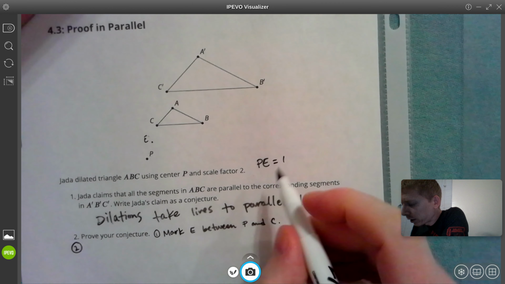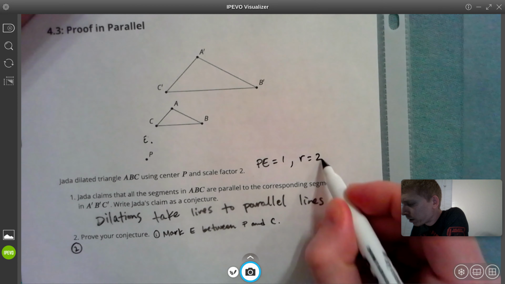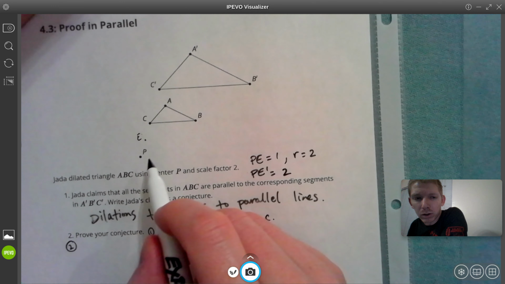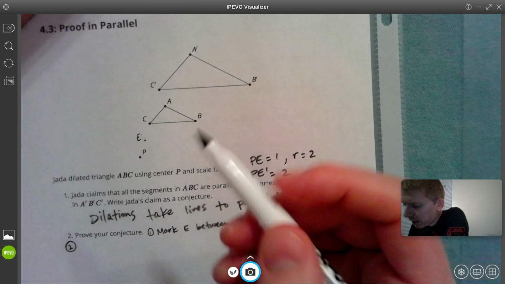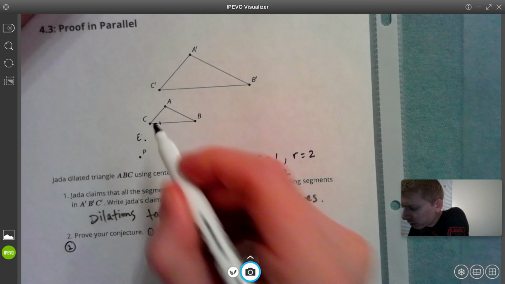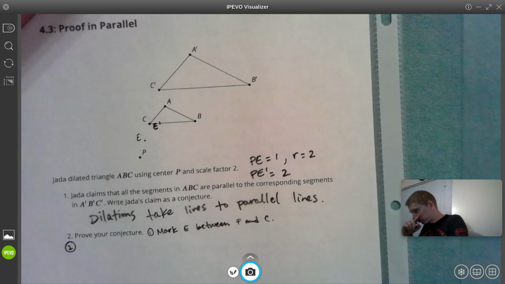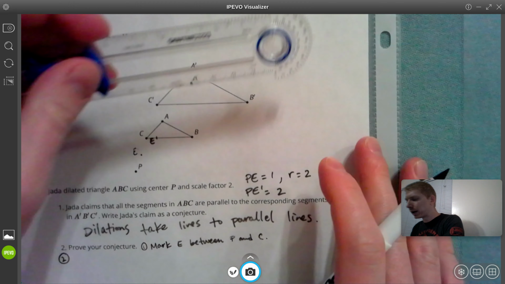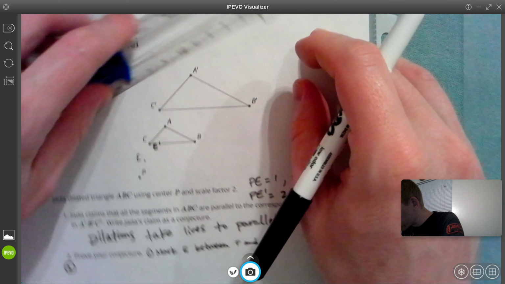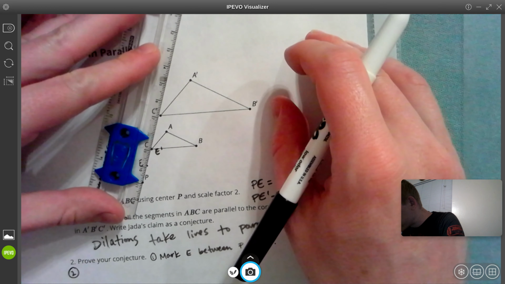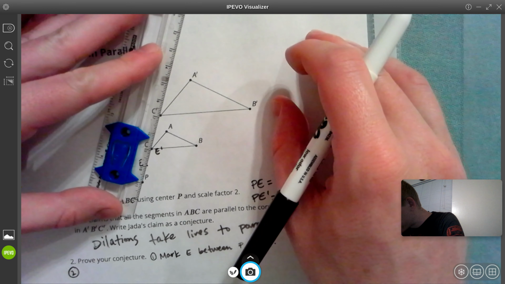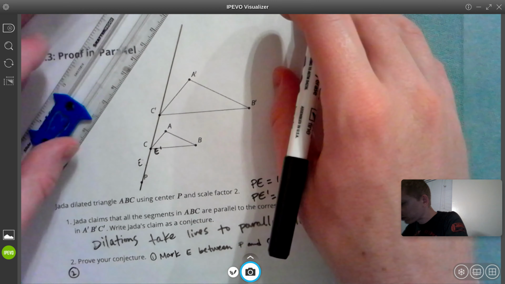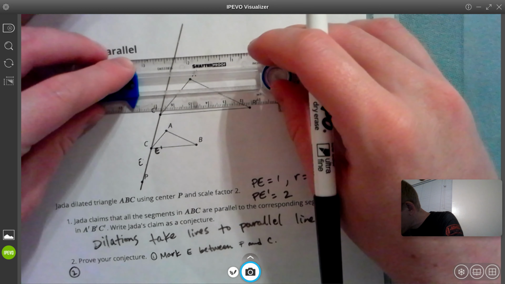So if I multiply that by a scale factor of 2, then P to E prime is going to be 2 centimeters. So E prime is going to be right there at C. So I'm going to put E prime right there at C. So let's go ahead and draw in the lines that pass through P and E. Let's draw in this line, and let's draw in these lines.